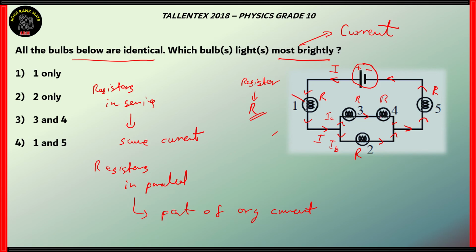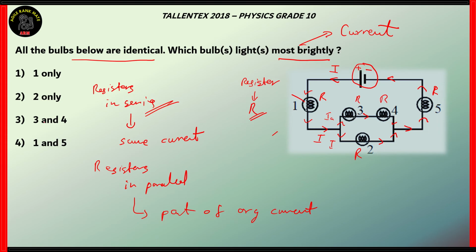So therefore, as you can see, both of them receive different currents because of the fact that the resistors are connected in parallel. So therefore, they do not get the original current that originates from the positive terminal. So that means when we look at the question, the bulbs that should light the most brightly are the ones that are connected in series to the potential difference.